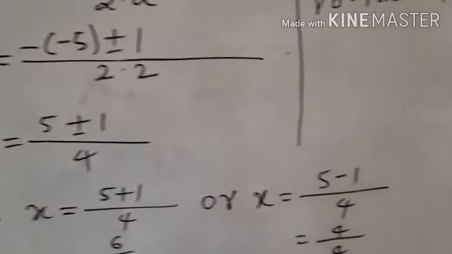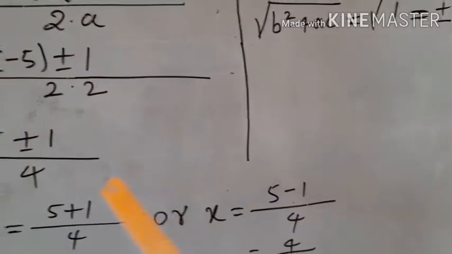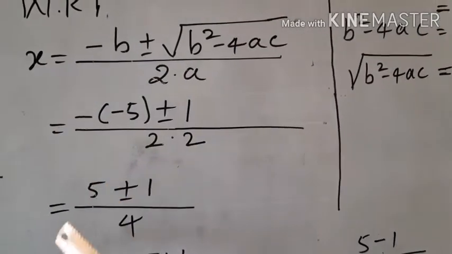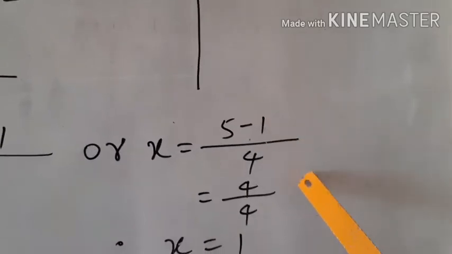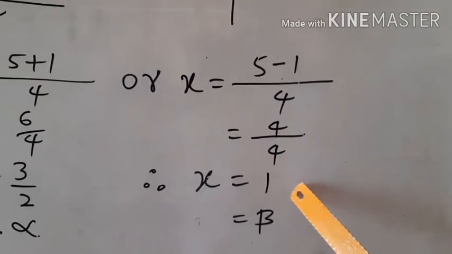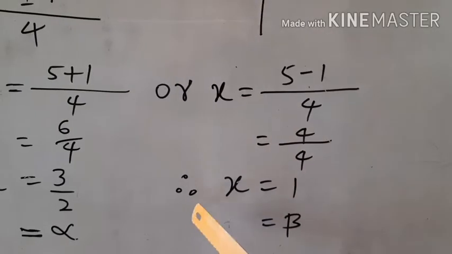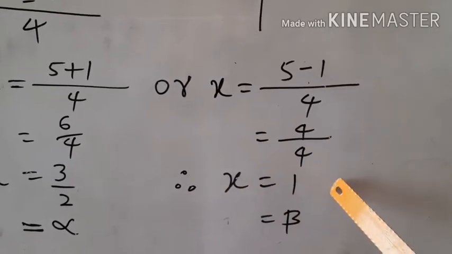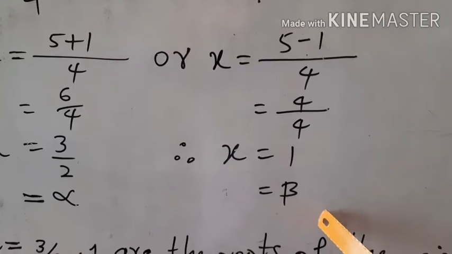If x is equal to 5 minus 1 by 4, 5 minus 1 is 4, 4 upon 4 is 1. So another root of the equation is x equal to 1, and I call it beta.